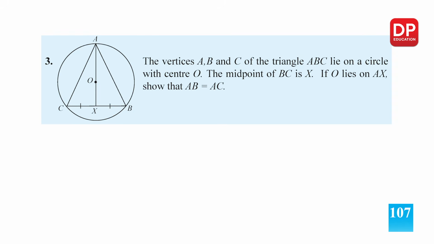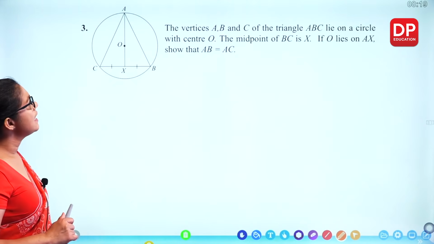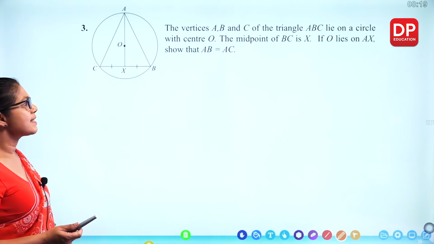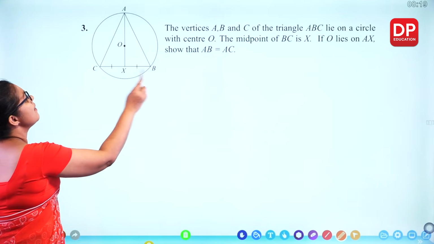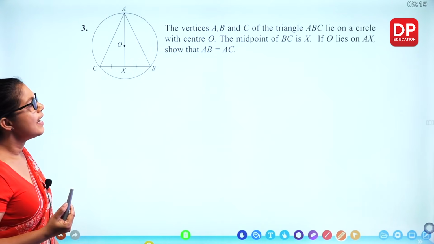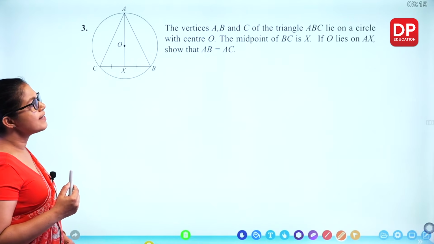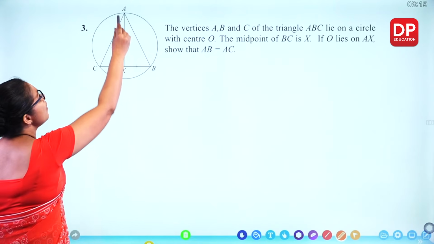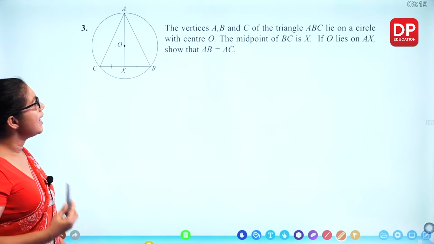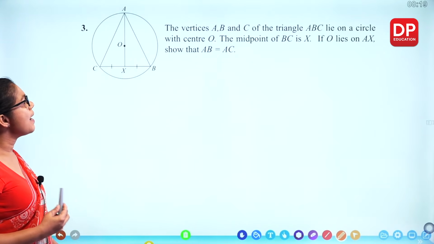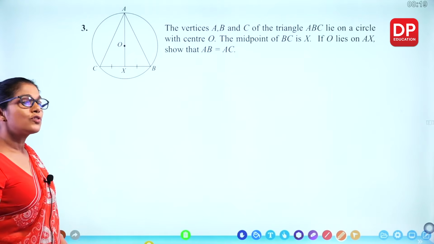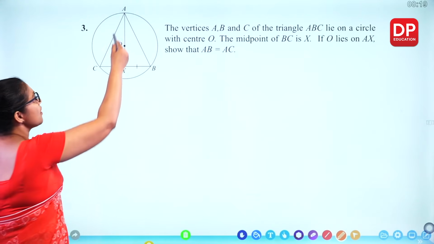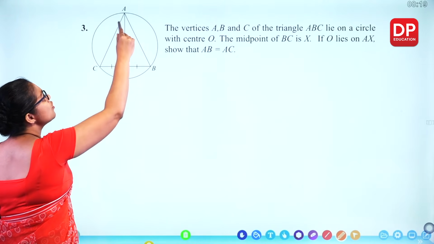Now we'll look at question number 3. The vertices ABC of the triangle ABC lie on a circle with center O. The midpoint of BC is given X. If O lies on AX, the center lies on AX, show that AB is equal to AC. So here again we need to look at the two triangles.